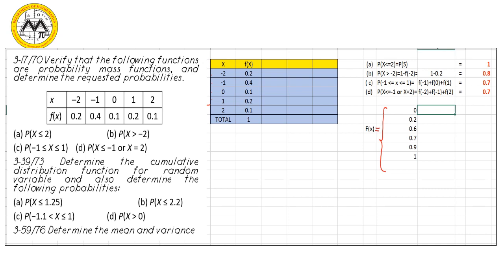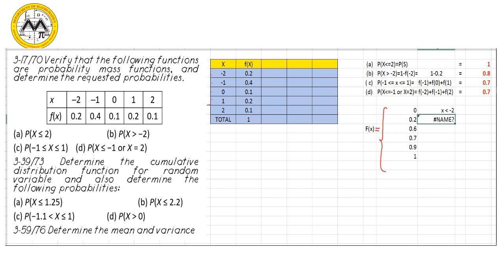And then for the limits, we have x less than -2, and then -2 less than or equal to x less than -1.